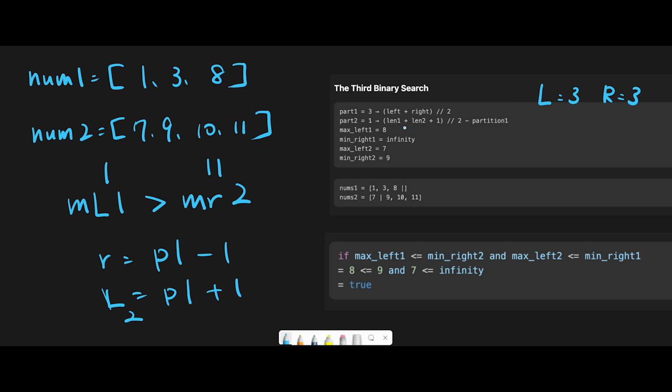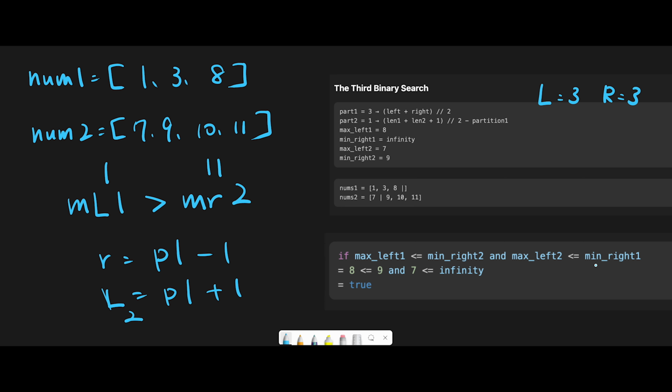Regarding the infinity, we've already seen it twice, so some of you may already understand. The algorithm checks this condition, right? In this case, there is no number remaining on the right side of nums1. The key comparisons are max left 1 is less than or equal to minimum right 2, and max left 2 is less than or equal to minimum right 1.